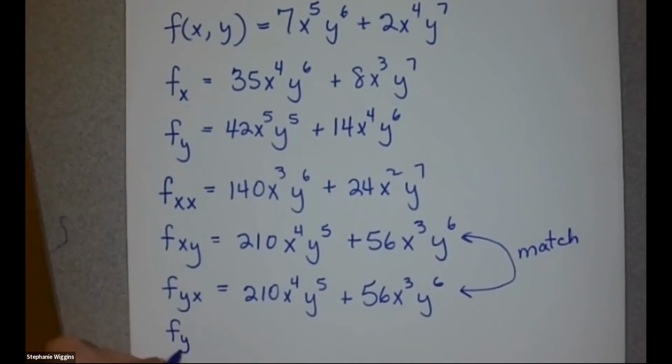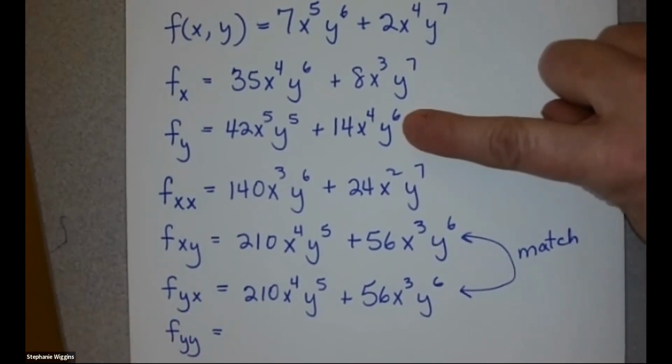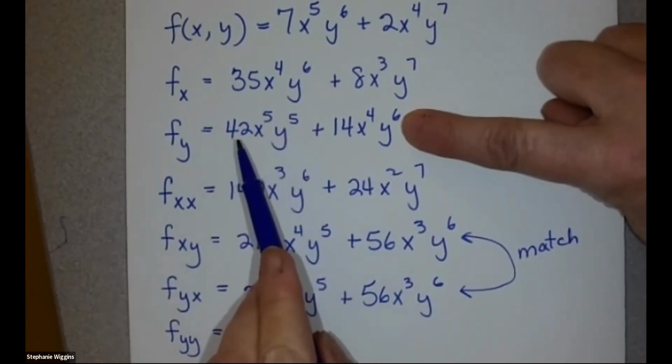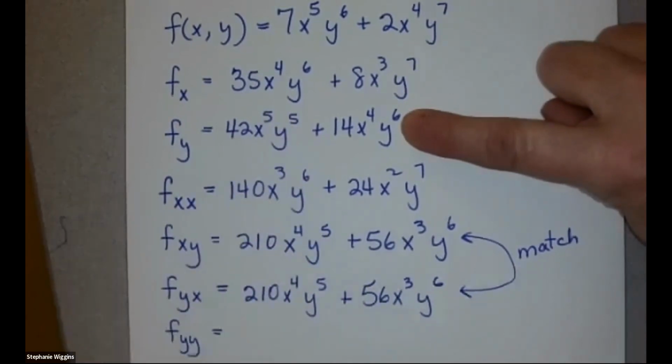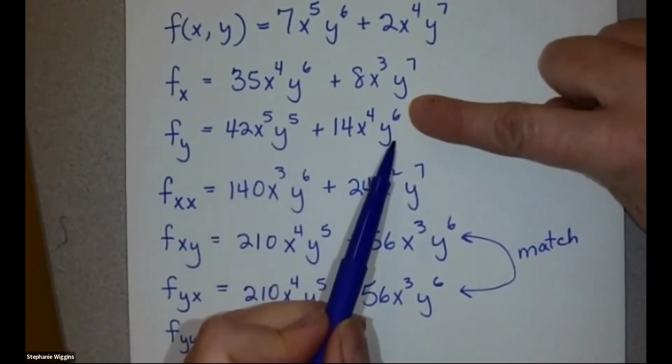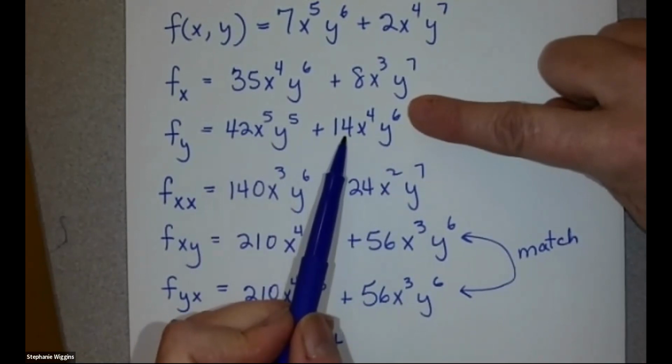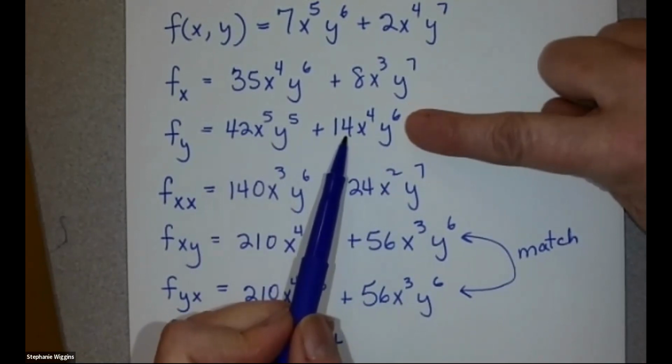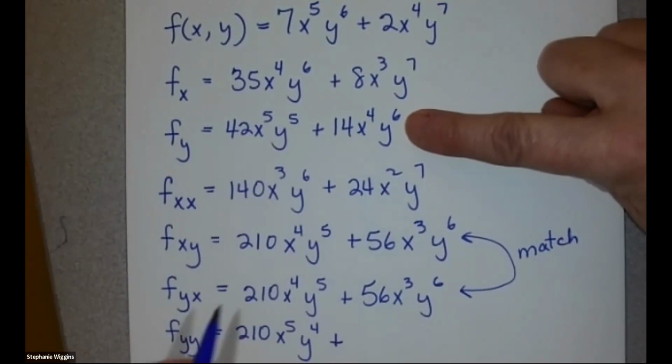And then finally, we're going to differentiate that with respect to y, this one with respect to y. And I get 210x to the fifth y to the fourth plus 84x to the fourth y to the fifth.